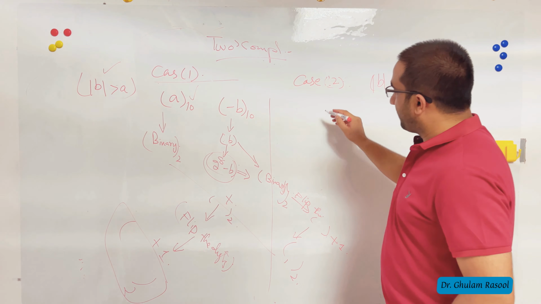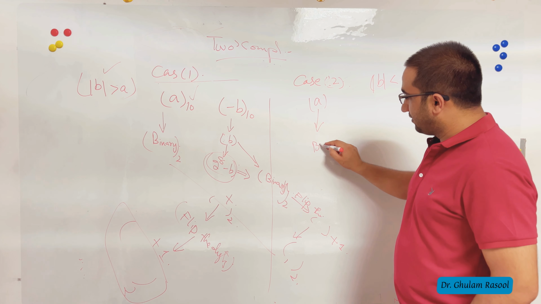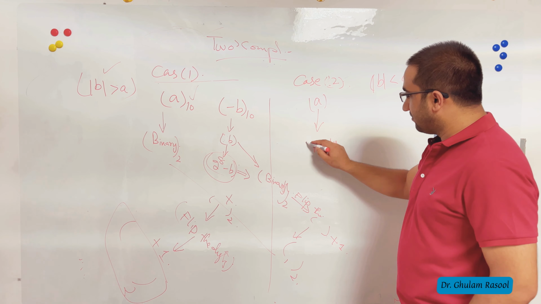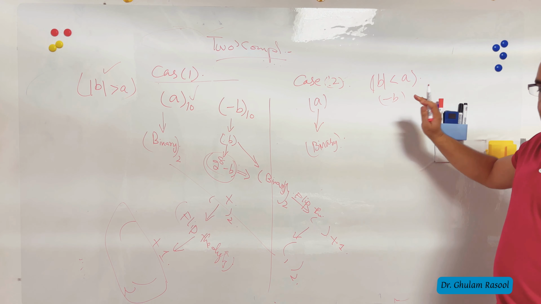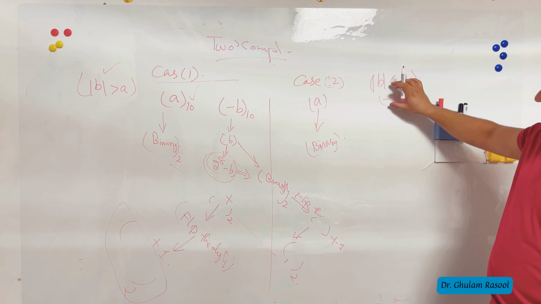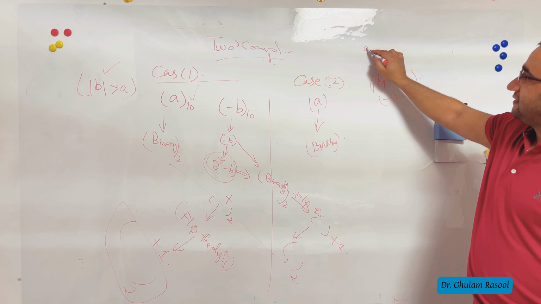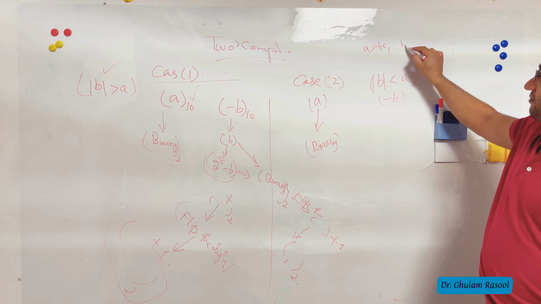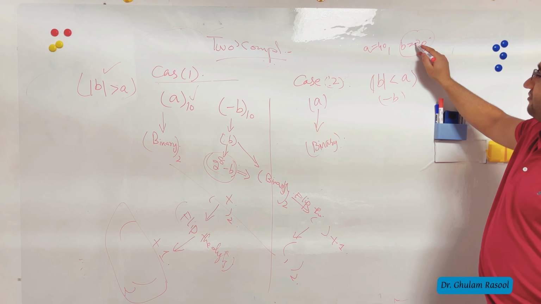In this case, this is the same. A is the number, convert it into binary because A is positive, always simple. For B, the number is still negative, but the condition is different, that the absolute value of B is less than A. Like if A is 40 and B is 20. So I'm saying that B is negative 20.